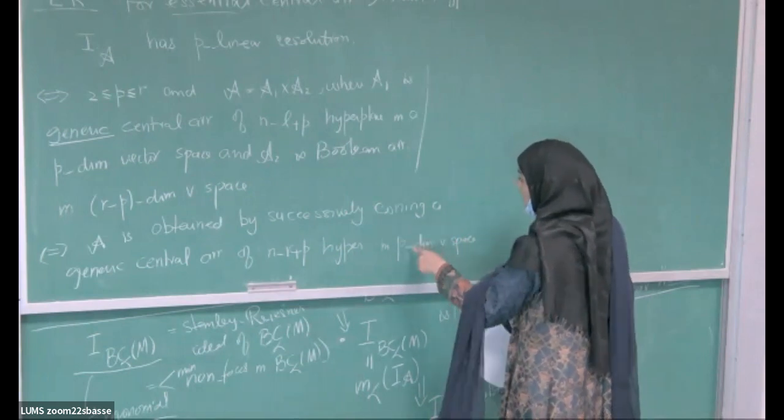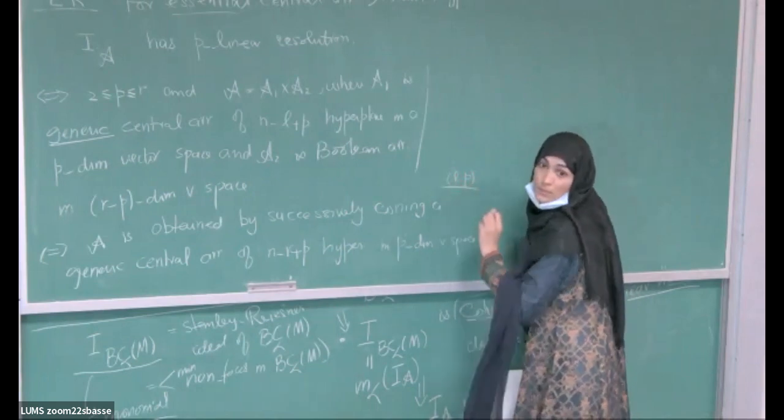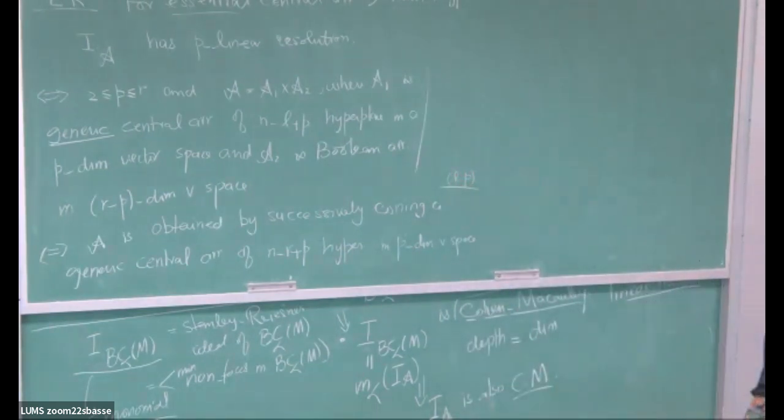So you will do this step L minus P times, you will do this coning construction again and again, right?